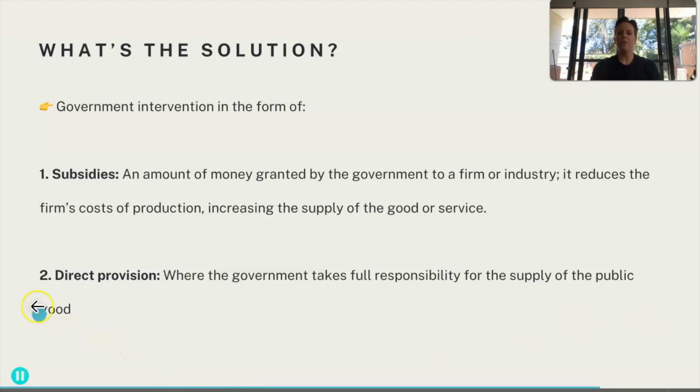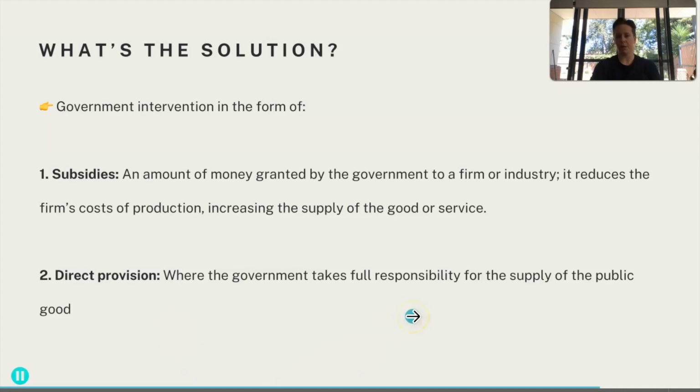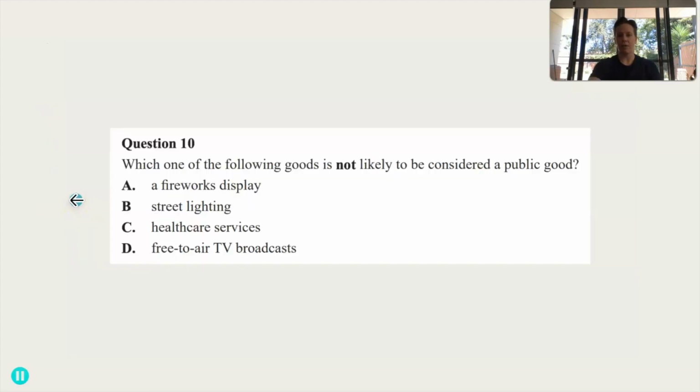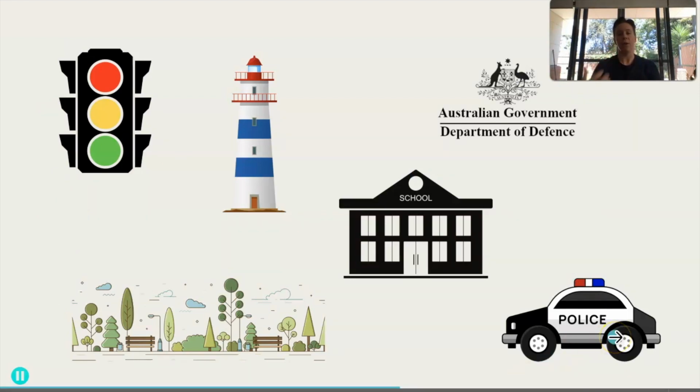The other alternative is that the government directly provides the public good themselves. So they take on the responsibility of the production of the good or service and ultimately address the underallocation of resources by doing it themselves. Okay, so the government takes full responsibility for the supply of the public good. And going back to these examples, one of the best ones is obviously law and order.